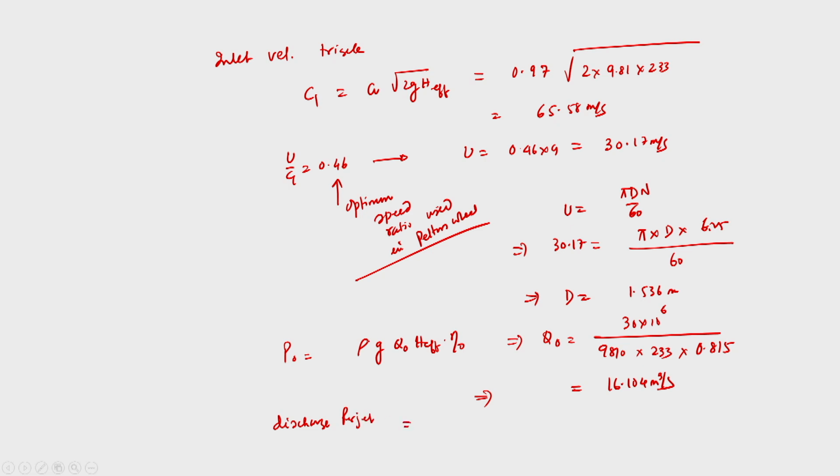So now, if you would like to obtain this amount of power, this should be the total discharge. So discharge per jet will be Q naught divided by N W into N J. Discharge per jet is pi by 4 into nozzle diameter square into C1, that will be equal to Q naught divided by N W into N J, where N W is the number of wheels.